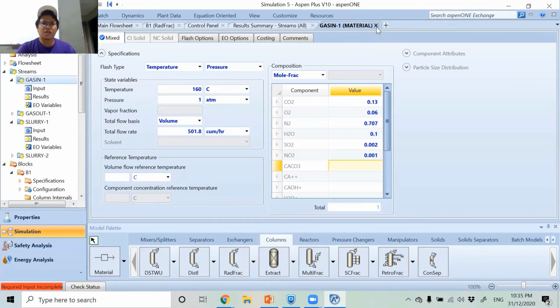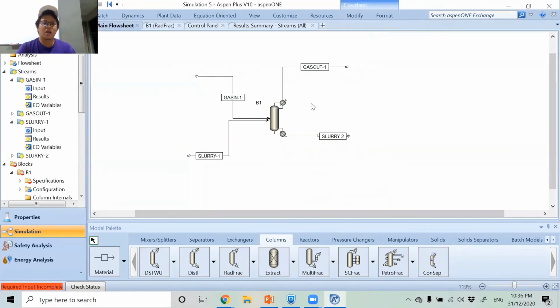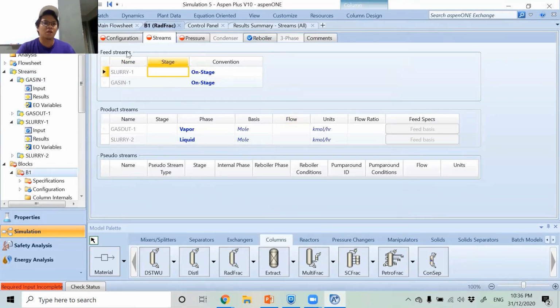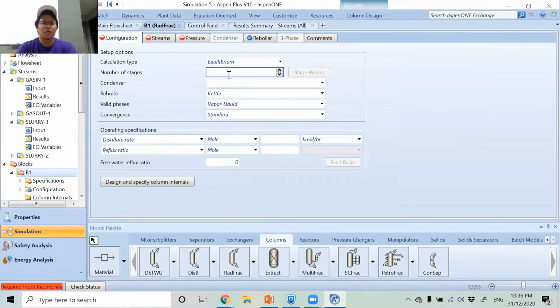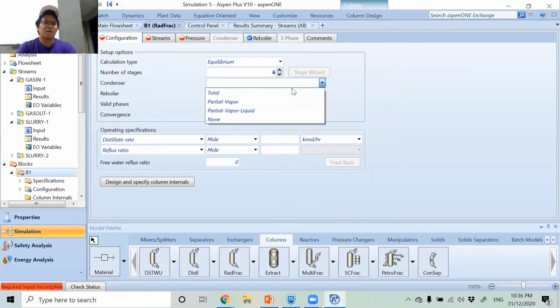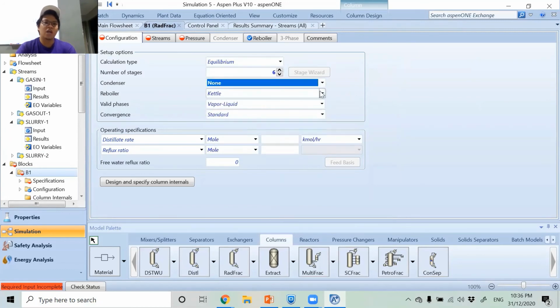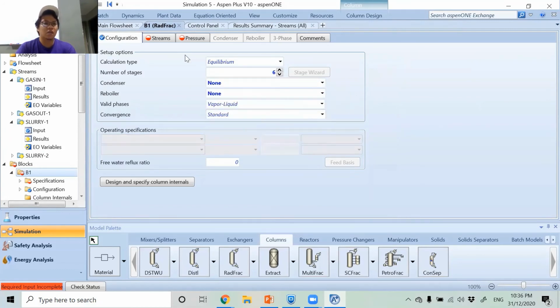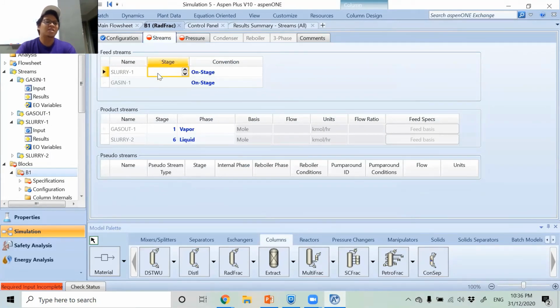And then next, I will input the block information, where for the stages I will select 6. I will not have any condenser. I will not have any reboiler. And then the slurry, as I said, will be pumped into the top of the column and then fall down.